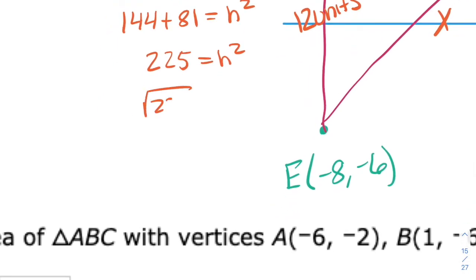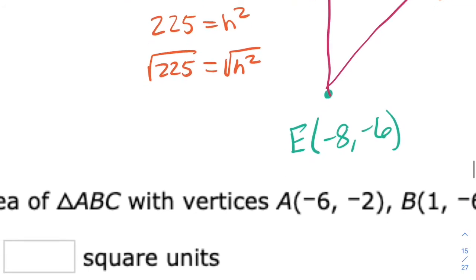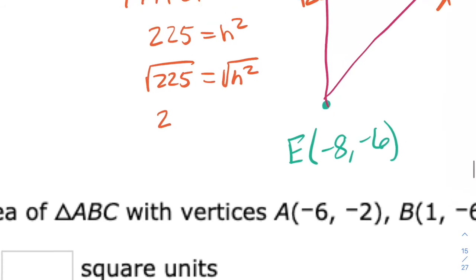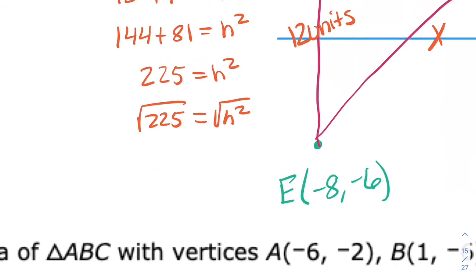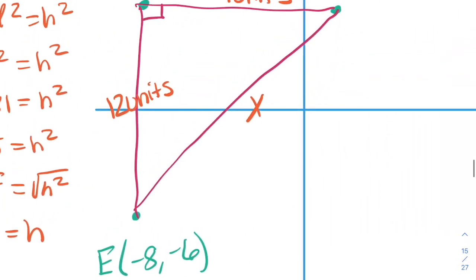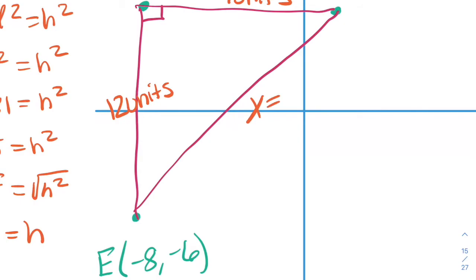The square root of 225 equals the square root of h squared. So the square root of 225 is 15. Yep, 15 equals h. So this now equals 15 units.